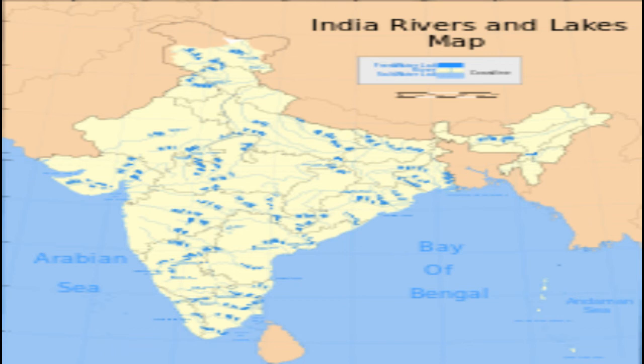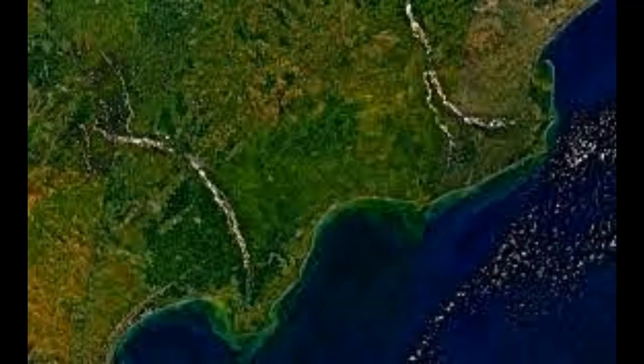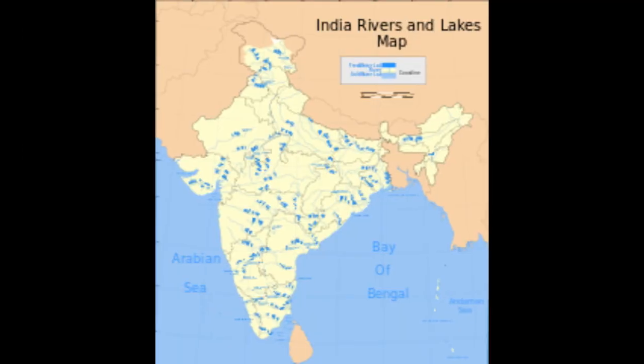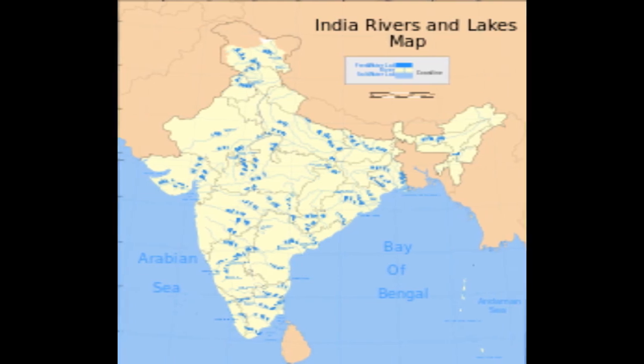The small rivers are swift and fast, and they do not form deltas. Their length is less, while east flowing rivers are large and long, and they form deltas. They are not as swift as west flowing rivers.